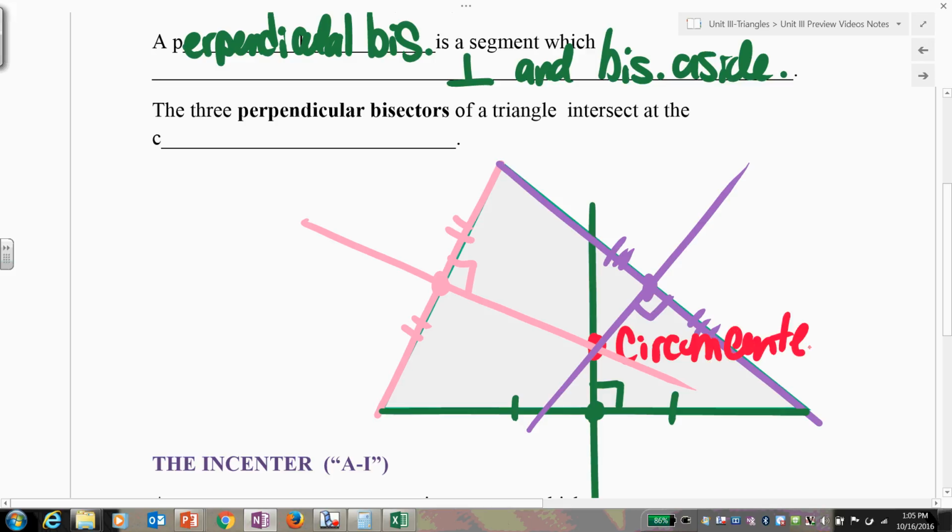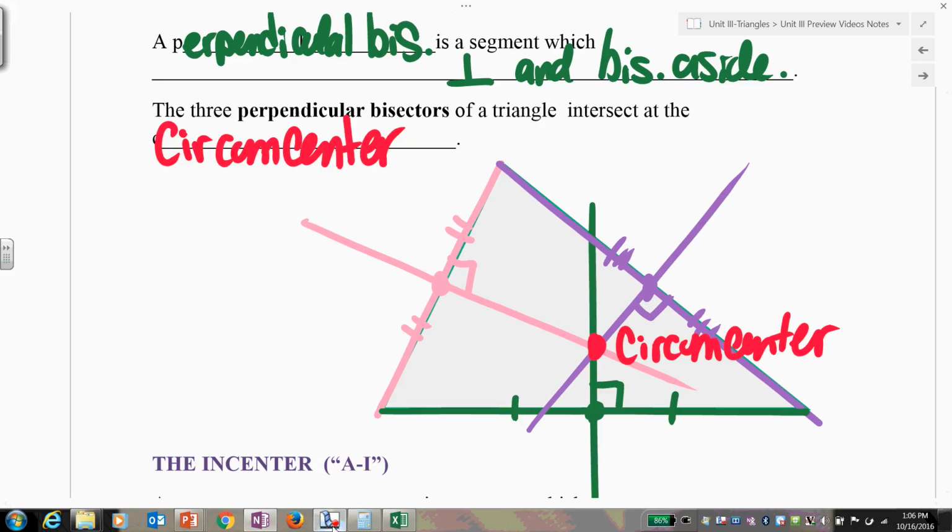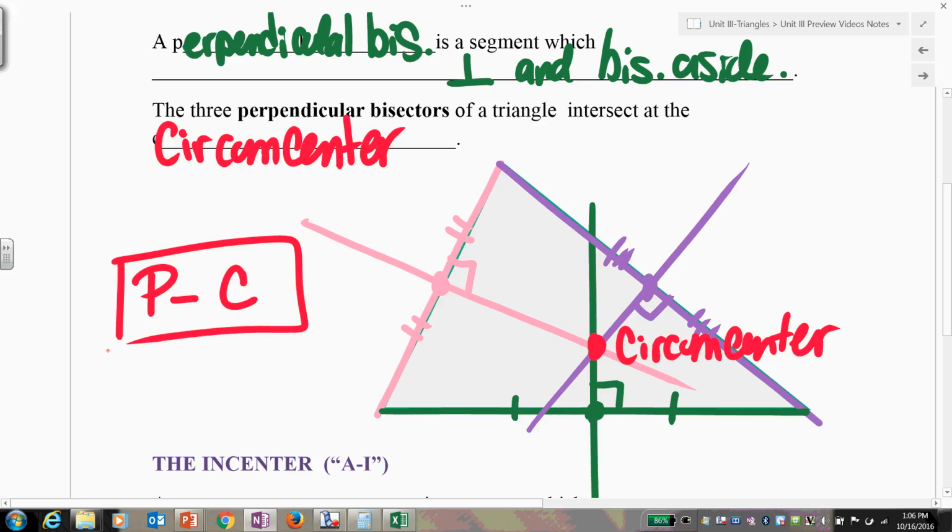It's called the circumcenter. You're not going to understand the significance of that until class time, when we start using a compass in class to do construction. So the three perpendicular bisectors meet at the circumcenter. Did I remember that? Perpendicular bisectors, circumcenter, a PC computer.